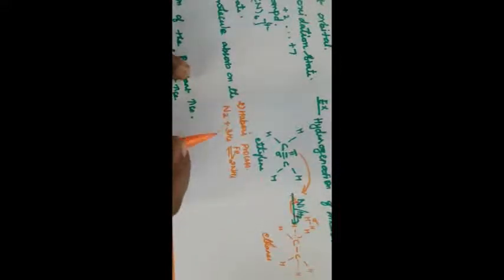So this is Haber's process, the synthesis of ammonia. The next one is industrial preparation of aldehyde. How to prepare aldehyde? First, what is the catalyst? Dicobalt octacarbonyl.